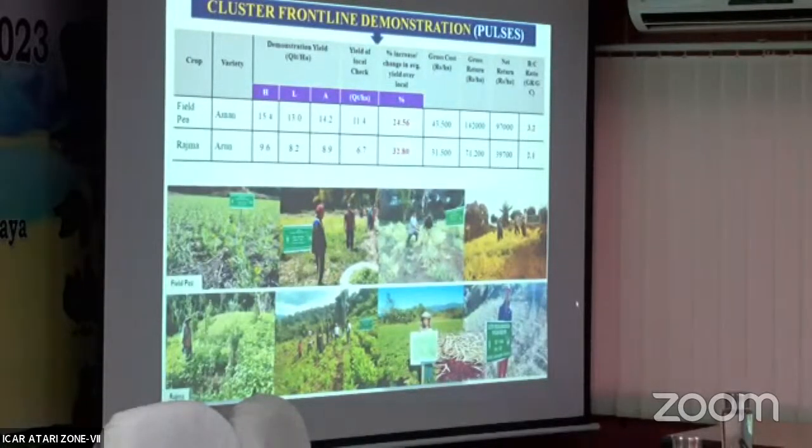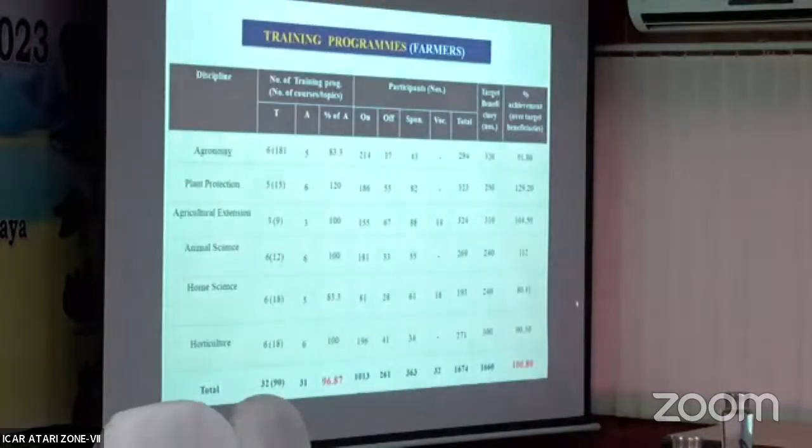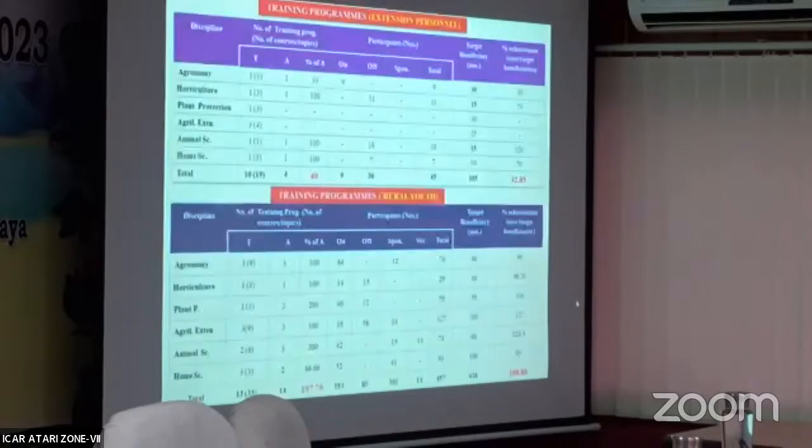CFLD here also, sir, 24.5% increase in yield over the local, and 2.8% increase over the local in case of pulses. Oilseed, we have taken soybean and toria, 45.7% increase over the local in soybean, and 30.76% increase in the case of toria. And then training, we have achieved 96.87% with 100.8% target beneficiaries.